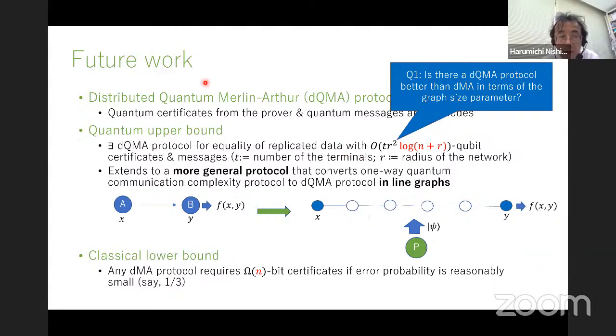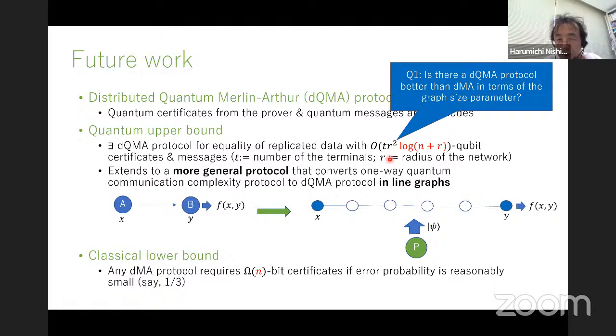Now, I conclude my talk with future work. The first question is: is there any DQMA protocol better than DMA in terms of the graph size parameter? Sometimes the graph size parameter is very important, and some distributed computing problems have no data, but the graph itself is the input.